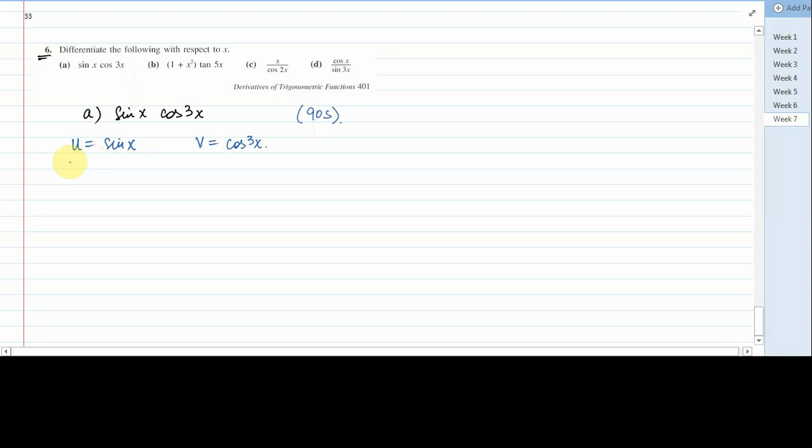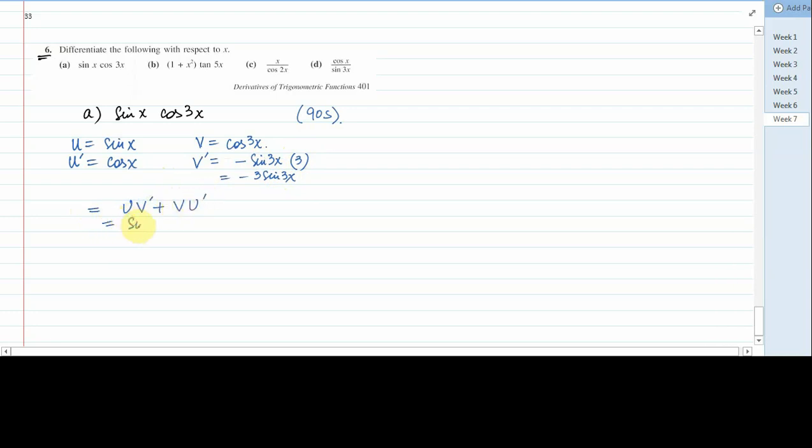Alright, so u we know, and u dash is equal to cos x. Similarly for v dash, that is equal to minus sine 3x, and then the derivative of the angle, that is 3. So that will be equal to minus 3 sine 3x. Once we have the values of u dash, v dash, u and v, we can apply the working formula, which says u derivative of v plus v derivative of u.